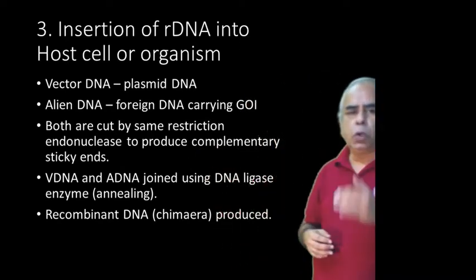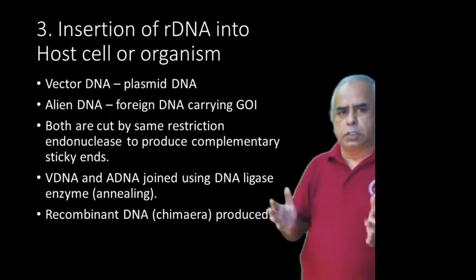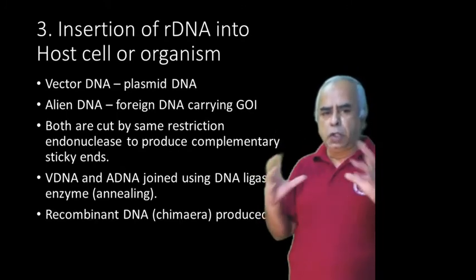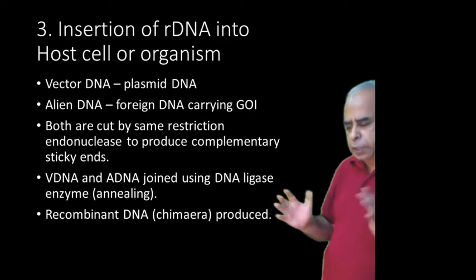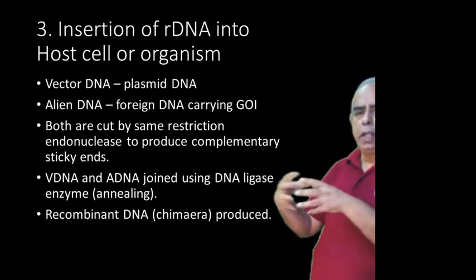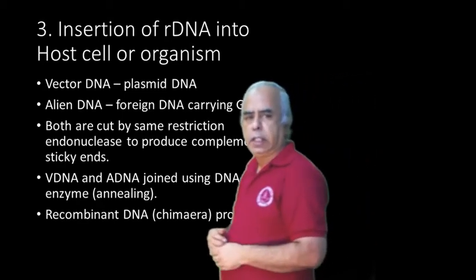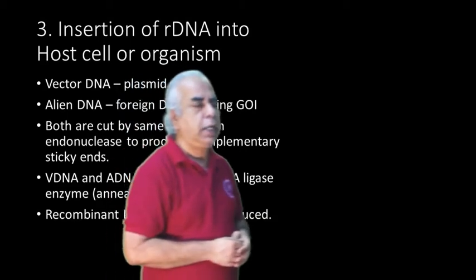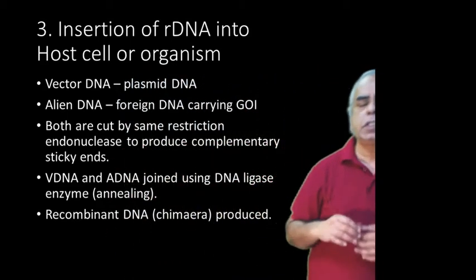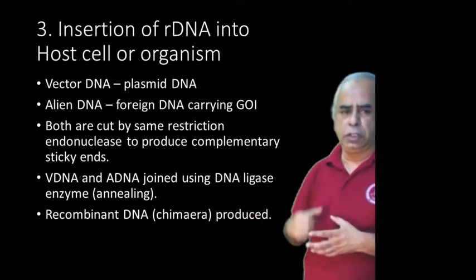And both are cut with the same restriction endonuclease to produce complementary sticky ends, so that they can be tied up, made to mix in a proper way. So vDNA, that is the vector DNA, and aDNA, that is the alien DNA, which is nothing but the foreign DNA with the interested genes.